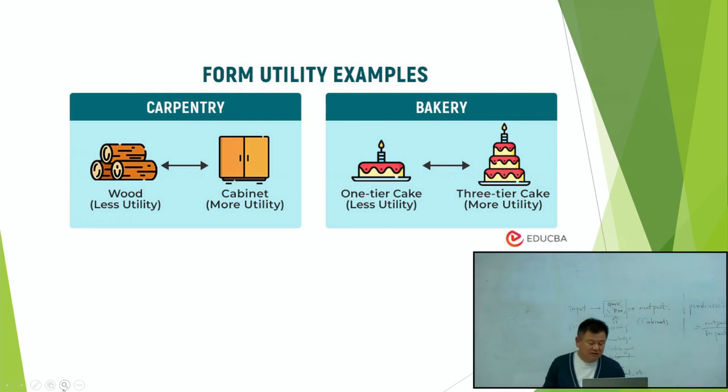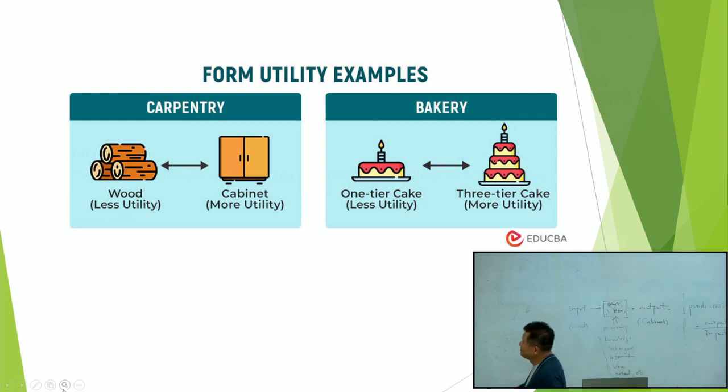This is the economics part, say, a form utility example. It's easy: a carpenter makes a cabinet from wood. This is form utility.